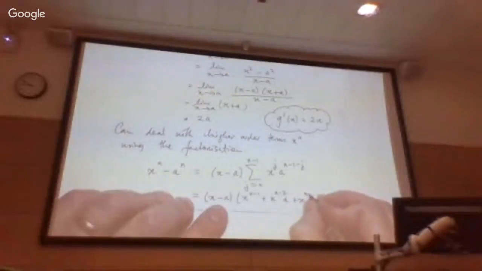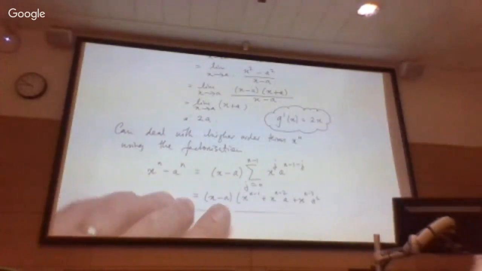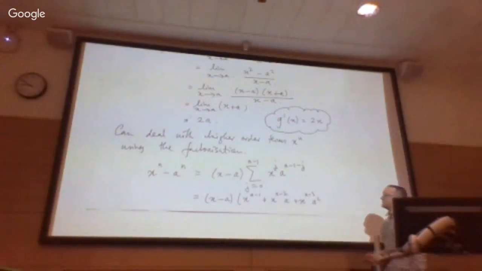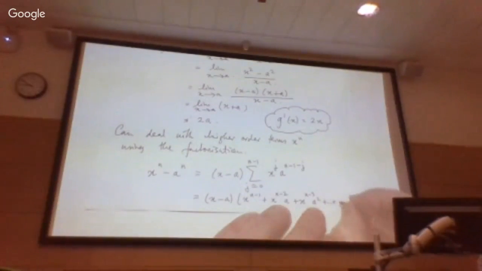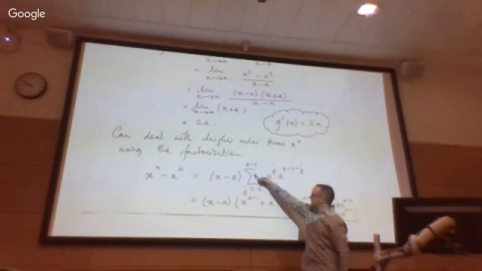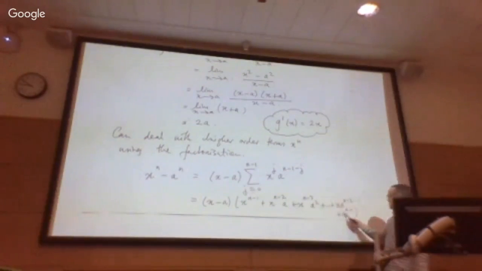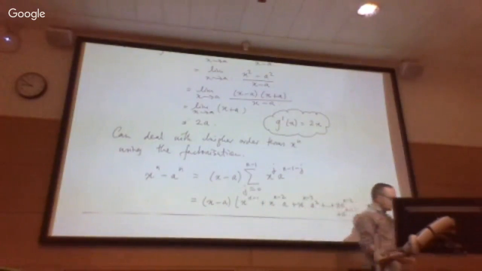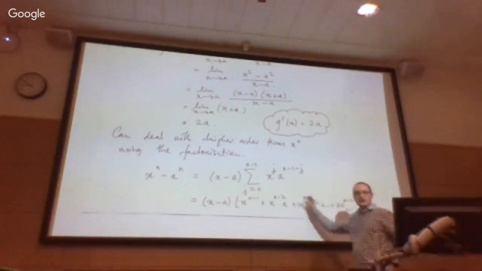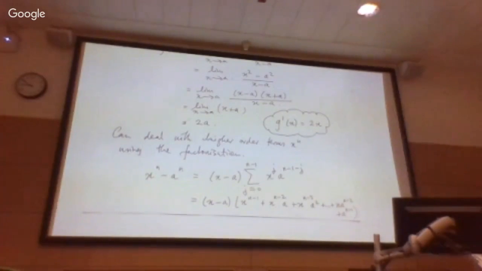You've got x to the n minus 3 times a squared. The total index on these terms, when you add the indices on x and a, is always n minus 1. So that would go all the way to x times a to the n minus 2, and then the very last term is a to the n minus 1. Sorry, that's written out backwards to how you would naturally write it. So the j equals 0 term up here, j equals 1, j equals 2, etc., up to j equals n minus 1. So you always have at least that factorization. Depending on what n is, you may get more extra factors coming out as well.